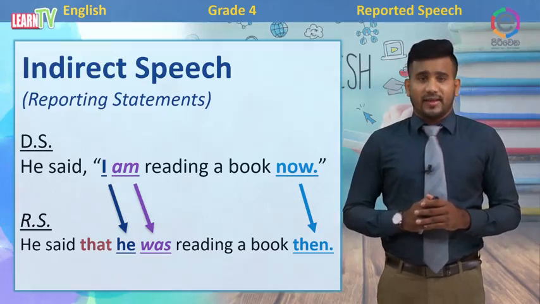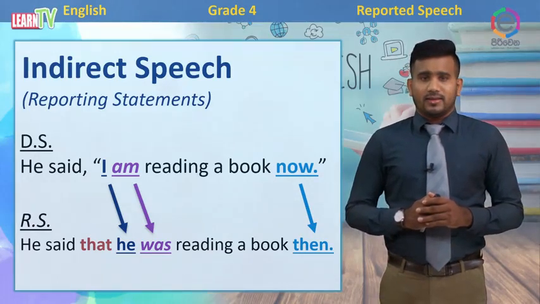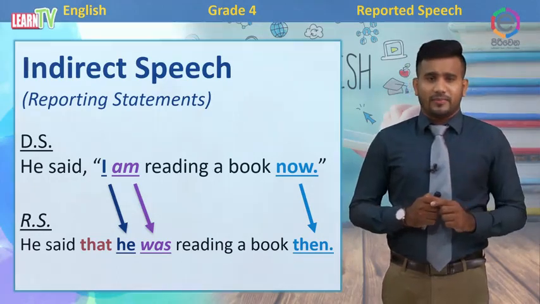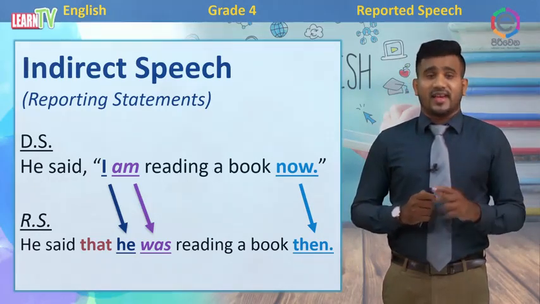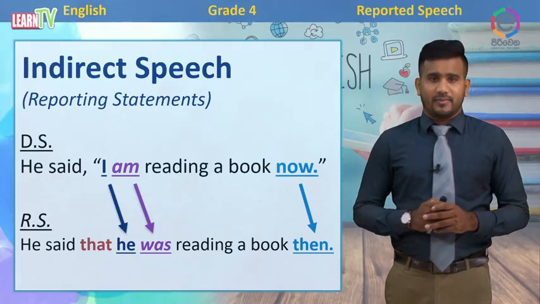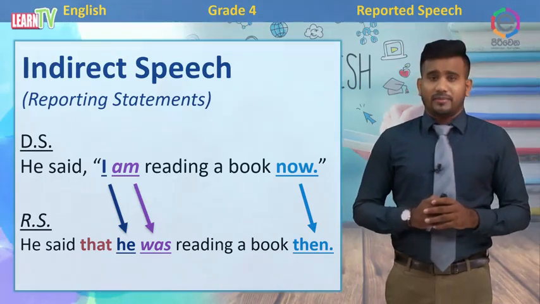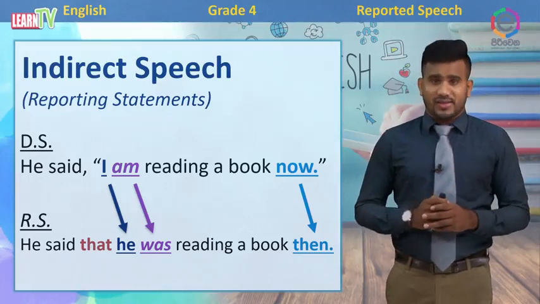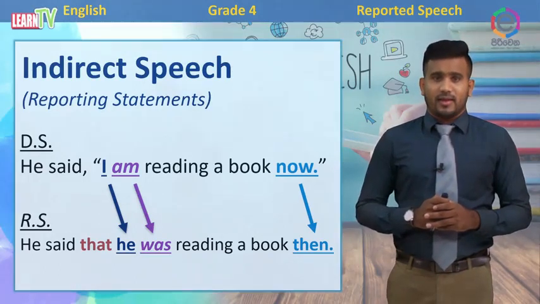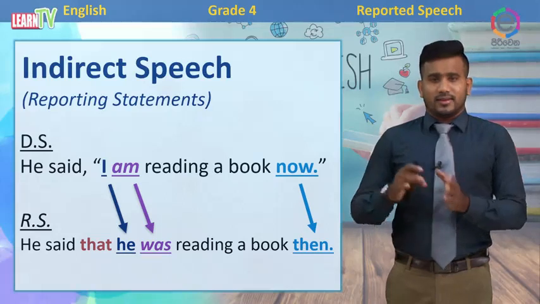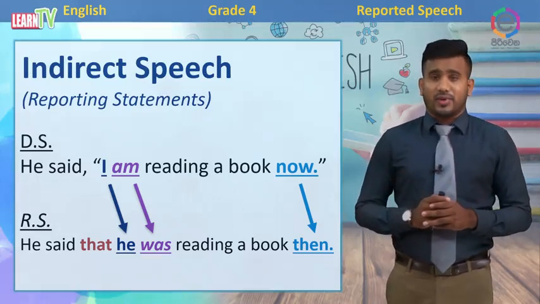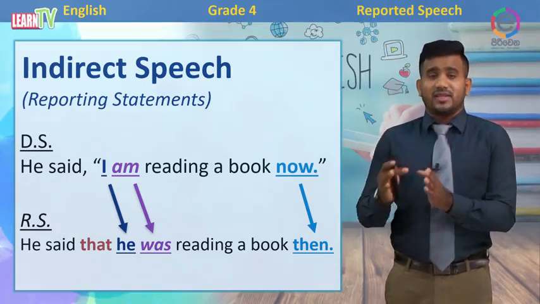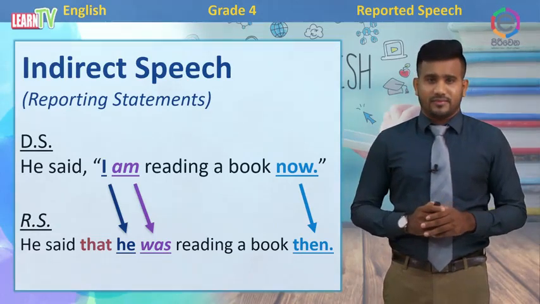Now you can see the pronoun I has been changed to he. The auxiliary verb am has been changed to was. And at the end of the sentence, now has been changed to then.